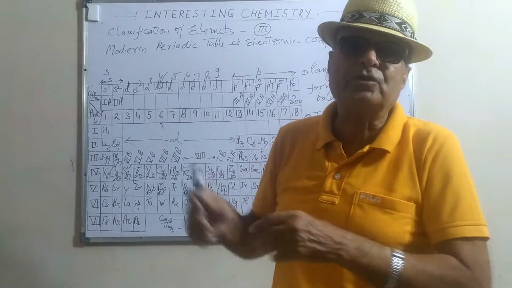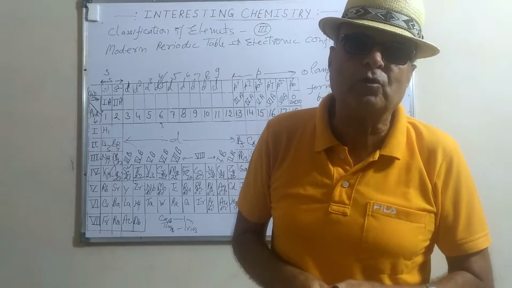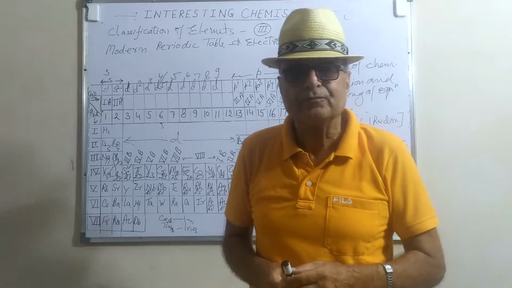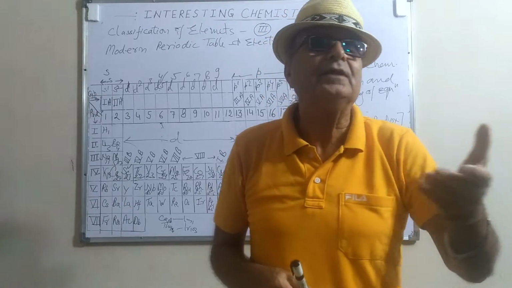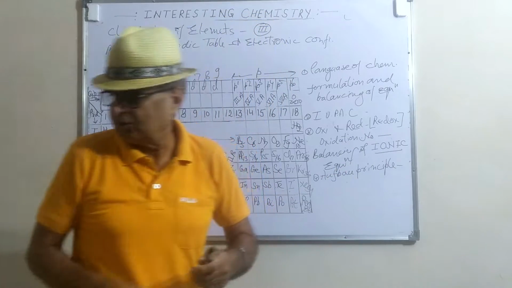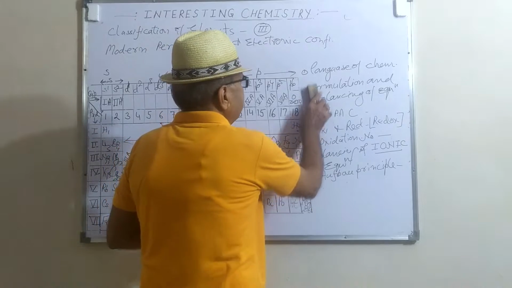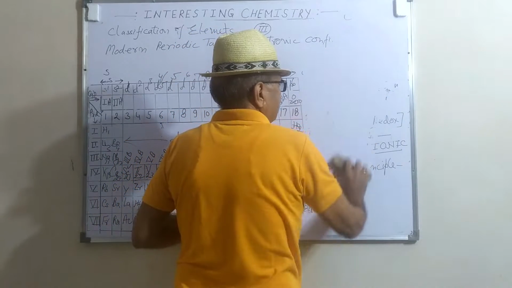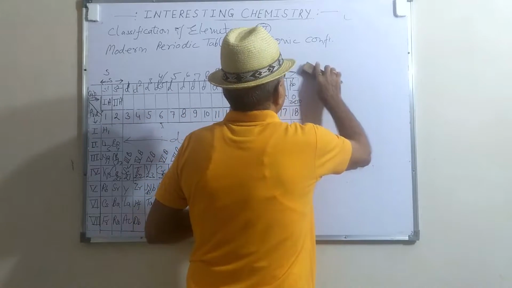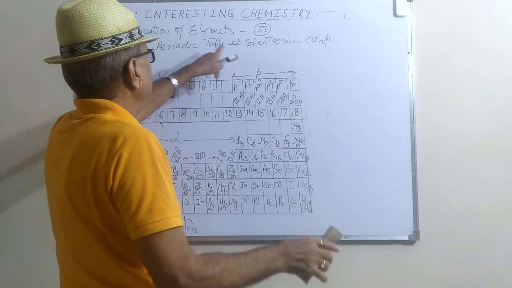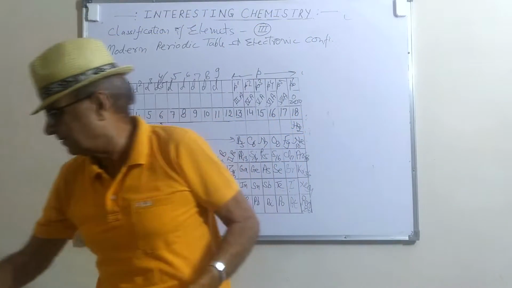To write the electronic configuration of any element, you should know about the Aufbau principle. So I think you have noted all these videos, and you should go through them. And now I am going to start the third video of the modern periodic table and electronic configuration.